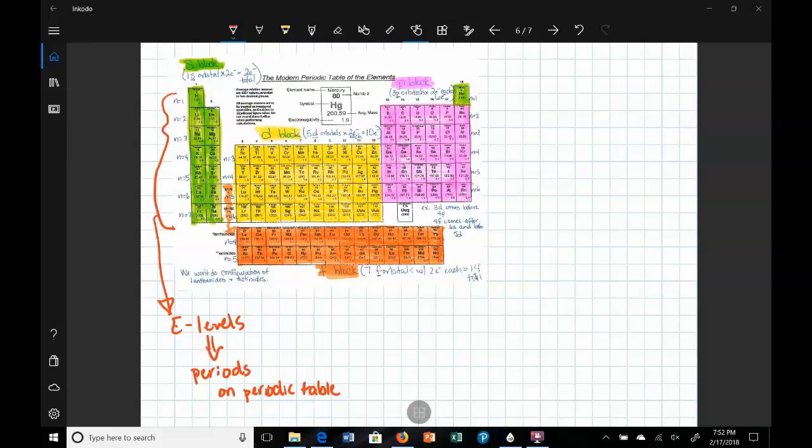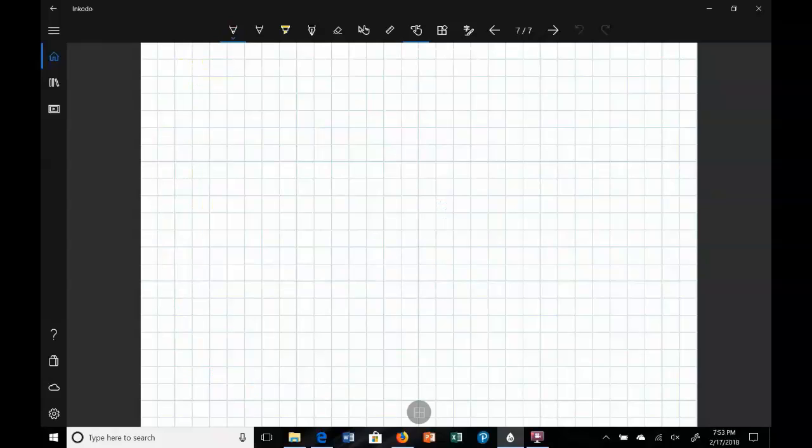Now, if we want to take a closer look at where these electrons reside, let's use an analogy that can help us to think of how the sublevels and the energy levels are broken up. Let's say we were to represent the atom as a house.